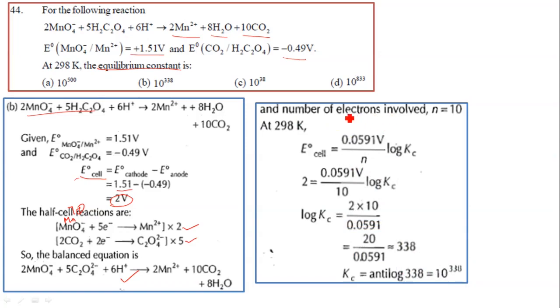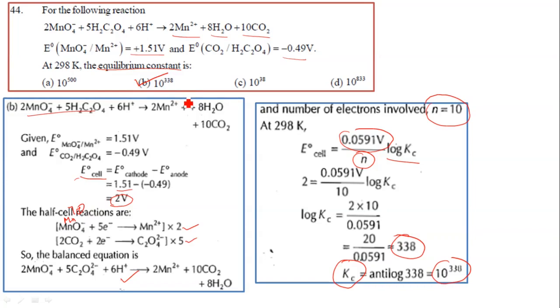The number of electrons involved, n equals 10. Here 10 electrons were transferred. So E cell equals 0.0591 volt divided by n, log Kc. E cell equals 2 and log Kc, now log Kc equals 338. So Kc, the equilibrium constant, equals antilog of 338, that is 10 power 338. Answer B is the correct answer.